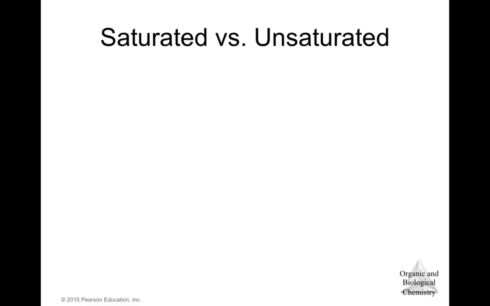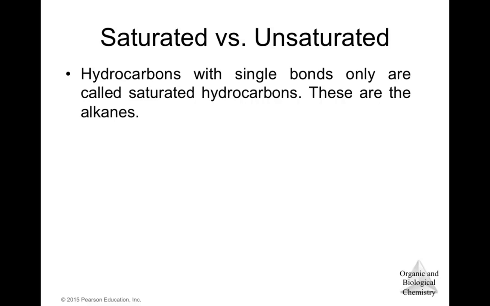Now there is another characteristic for hydrocarbons. They could be saturated or unsaturated. Hydrocarbons with single bonds only are called saturated hydrocarbons. These are the alkanes. All the alkanes are saturated. You're going to find just single bonds between those carbon-carbon atoms.